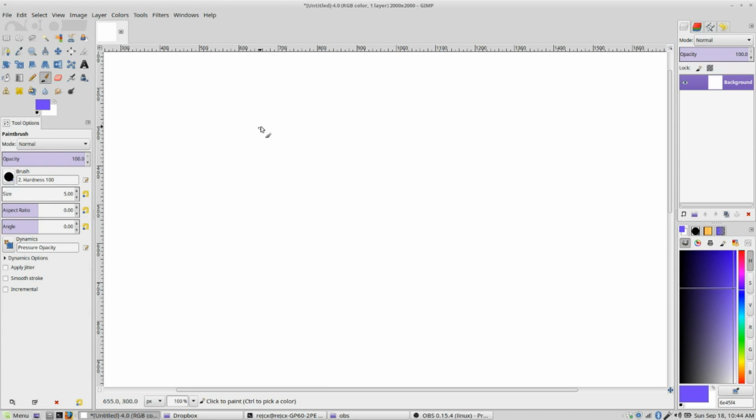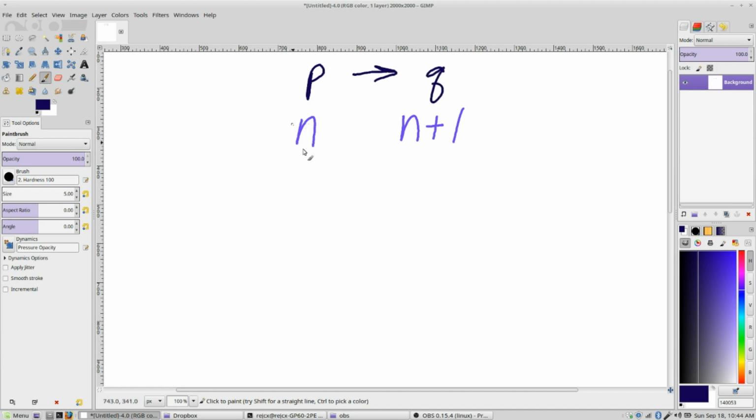So as an example statement, let's say that someone said if some number is even, then some number plus 1 is also even. And we know already that this is false, but to show that this is definitely false, to disprove it, we'd have to come up with, let's just say P, then Q. We have to come up with some valid P, so some even number is only going to be valid here.